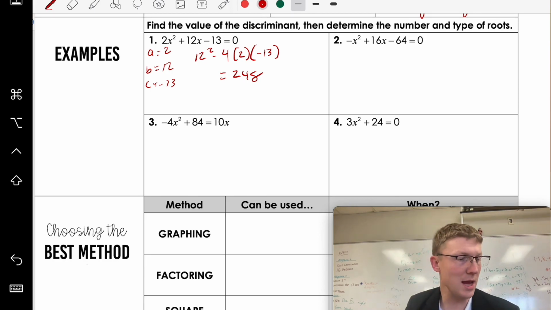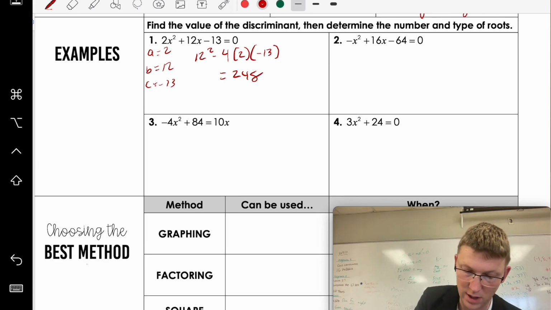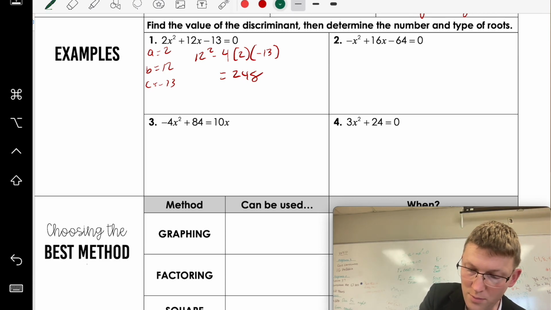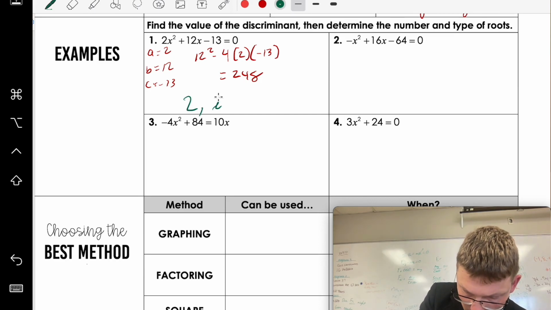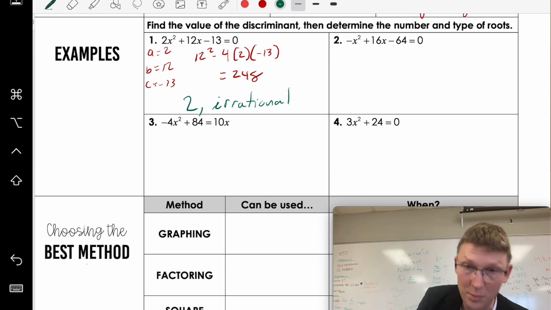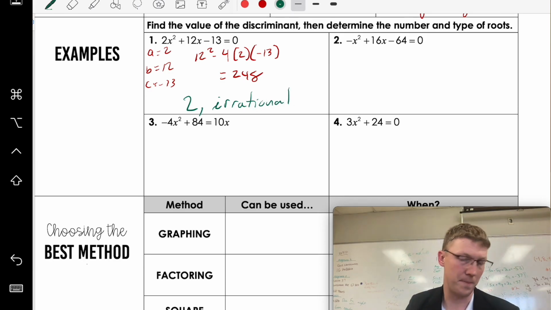Then I can take the square root to see if it's a perfect square. The square root of 248 is 15 point a bunch of different numbers, 15.748015 and so on. So from that, I know that we have two solutions, and they're going to be irrational. So I'm going to be dealing with some square roots.